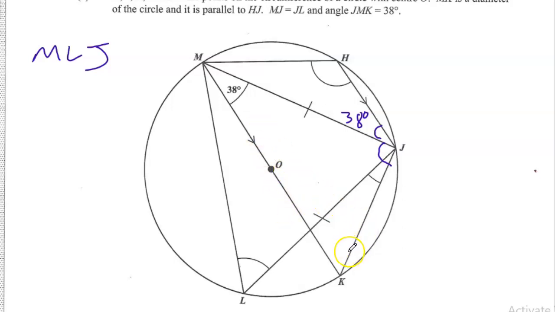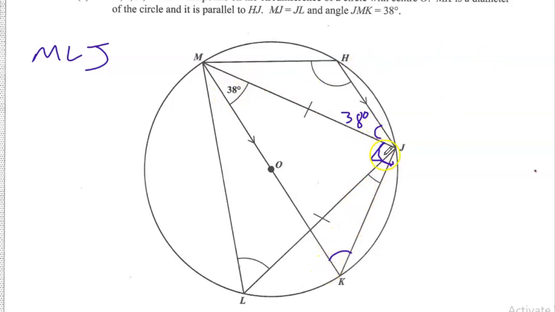Alright, if we can work this angle out at K here. Notice this is a right angle. So if we focus on triangle MJK, it's a right angle. All the angles should add to give 180 degrees, right?